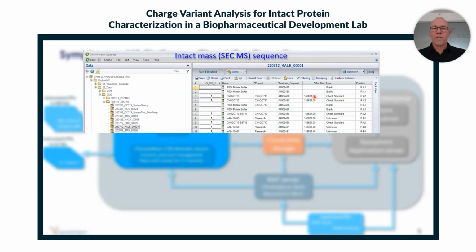Yes, no. And because this metadata is already stored in the system with the sequence, we can very quickly get a yes/no answer in a report of whether the most intense mass is the expected mass or not. So it allows us to screen through these, especially the lead selection studies, in a matter of seconds to see if everything is completely off.